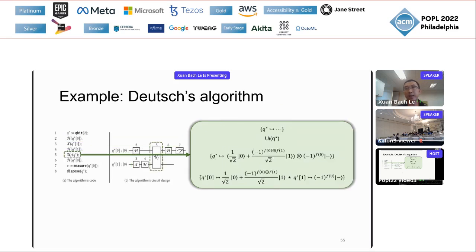Now we combine the states of Q0 and Q1 in order to apply the transformation of U_f for the evaluation of f. After the transformation, the state of Q0 and Q1 can be factorized and therefore are separable.